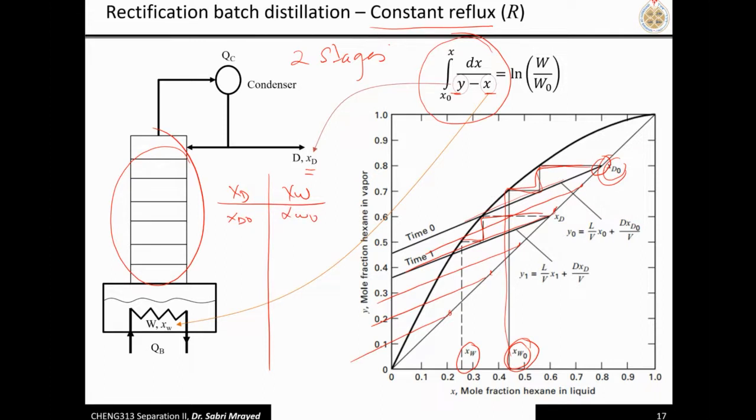Now you move a little bit down to another xd. You're going to have 1, 2 stages. This is, for example, xd2 and xw2.